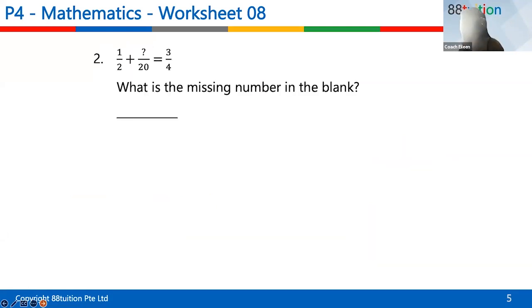So this one, what is the missing number in the blank? So when we do addition or subtraction of fractions, we must always have the same what? Who wants to tell me the answer? Okay, we must always have the same what? You all type in the chat box. Tell me your answer. Addition and subtraction of fractions, we must always have the same what?